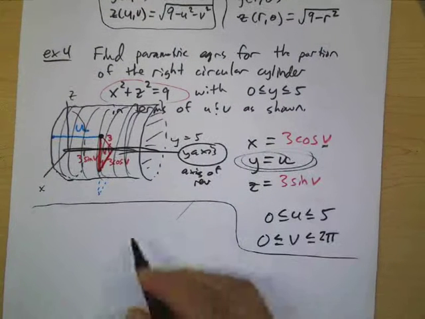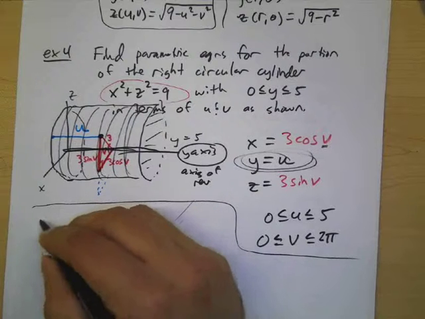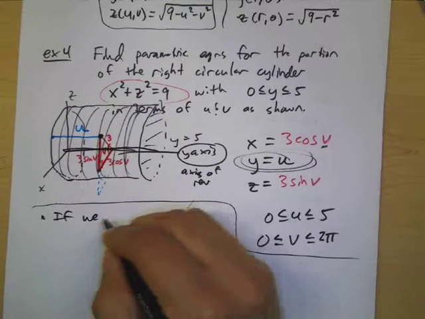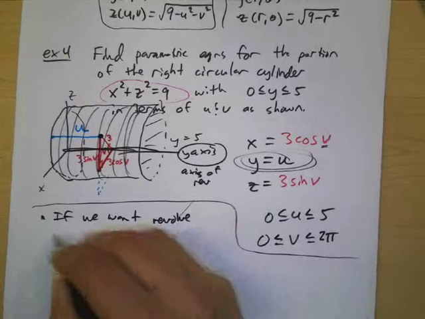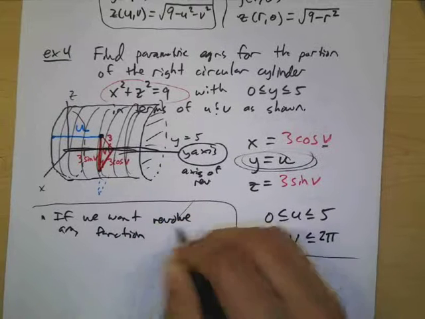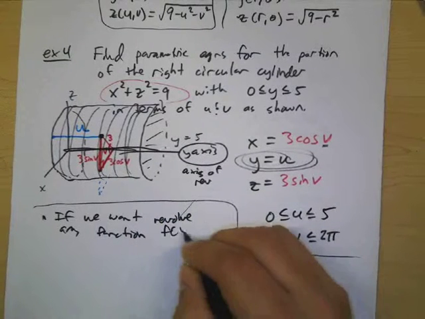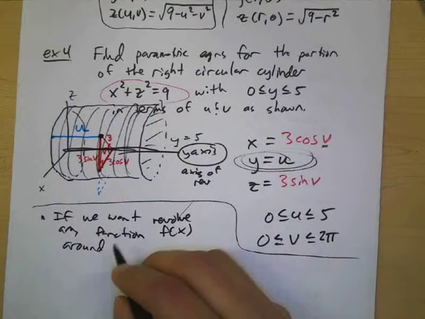So the general equation. If we want to revolve any function, say f of x, around any axis, let's just start with x.